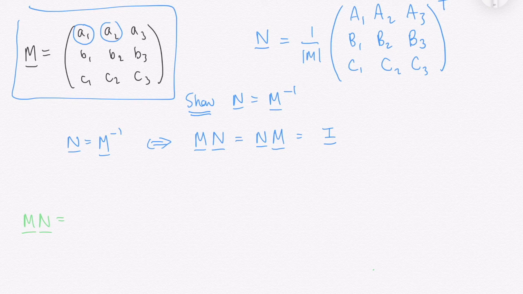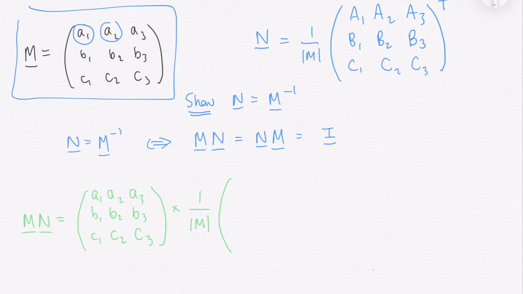Well, this is equal to A1, A2, A3, B1, B2, B3, C1, C2, C3, multiplied by 1 over the determinant of M. And then remember we have this instruction here to transpose. So in the columns we have A1, A2, A3, B1, B2, B3, C1, C2, C3. And let's just start multiplying that out.